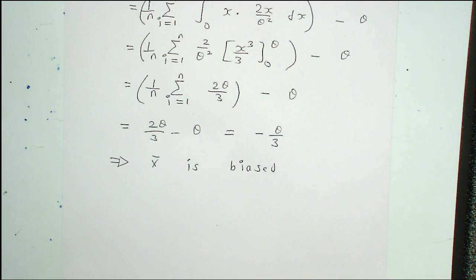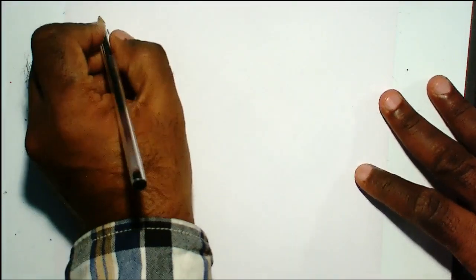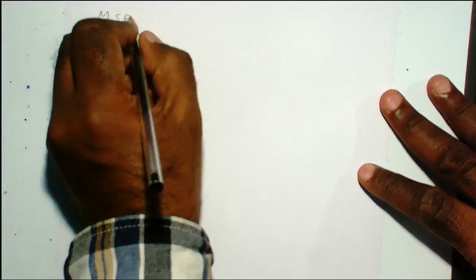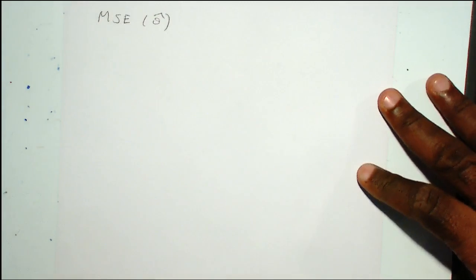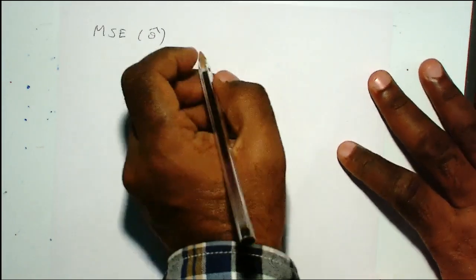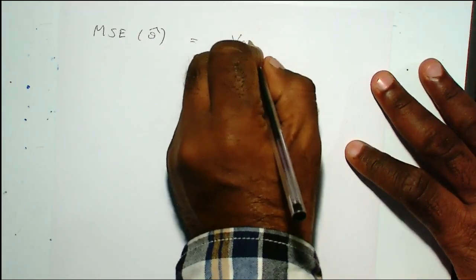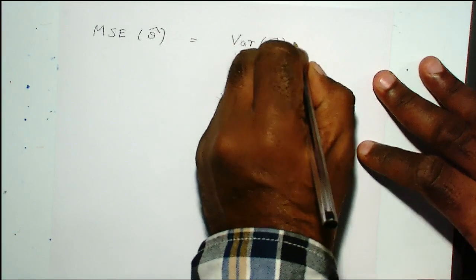Yes. Now, you're also asked to find the MSE of it. You probably remember this formula: the MSE of any estimator is equal to the variance plus the square of the bias.